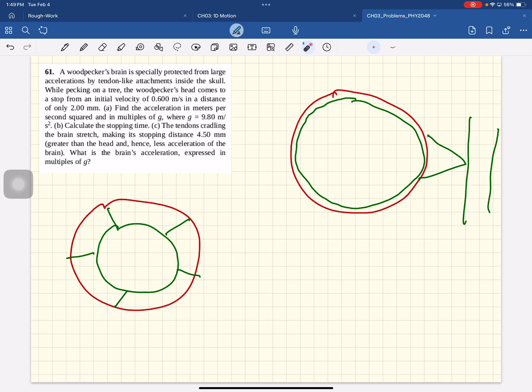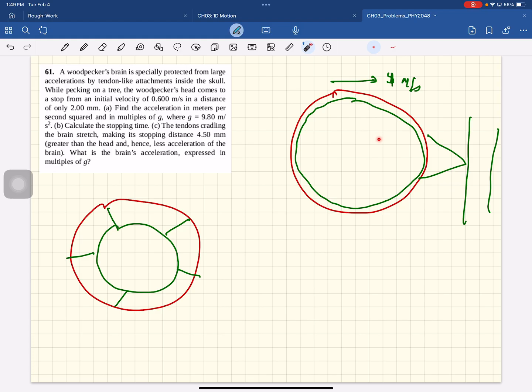Let's say it's going at, I'm just making up these numbers, 1 meter per second. It pecks on the wood and then it stops. It goes from 1 meter per second to 0. So the skull stopped when the beak hit the wood.